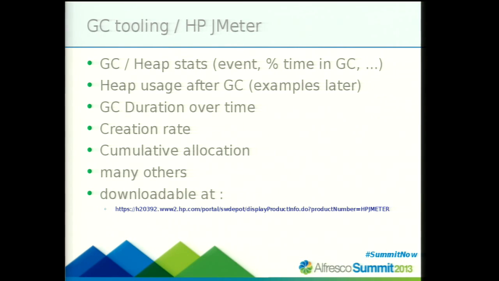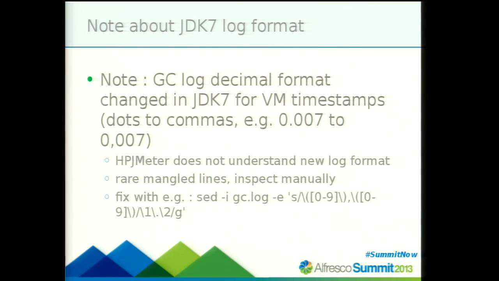The duration of the GC over time: does it stay stable? Does it increase? The creation rate of your application, meaning at what rate you are creating objects in the JVM depending on the load, for example, and many other statistics.